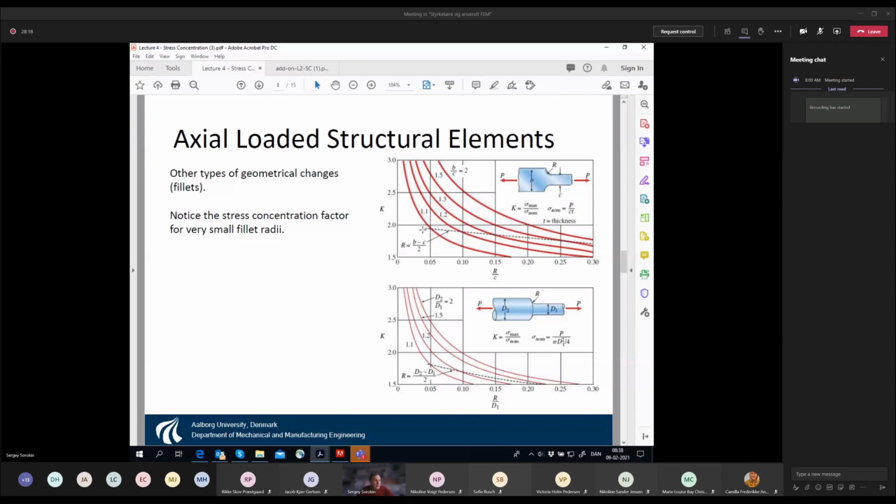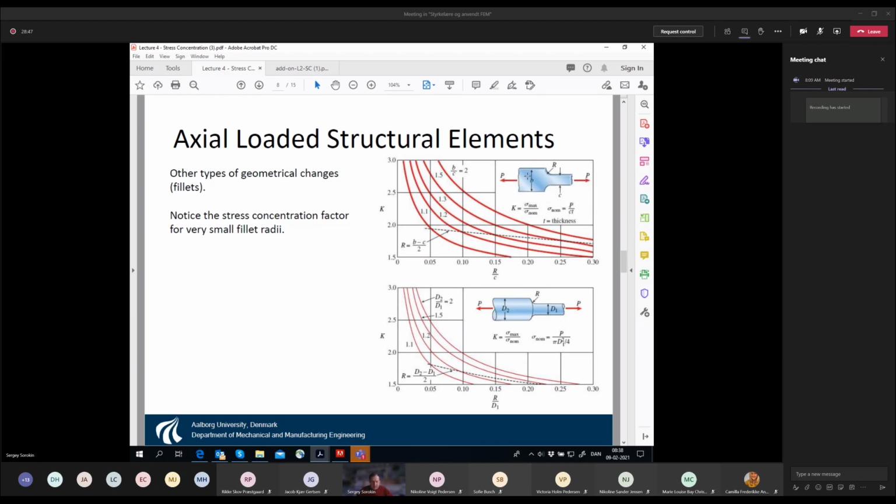So actually what happens is that if, for example, here, we have this change in the width, so it's not a hole anymore, it's just a change in the width. So you have here a bit thicker, and here you have thinner. Then you have this transition radius, and then what happens is that a lot depends, of course, upon this ratio difference.